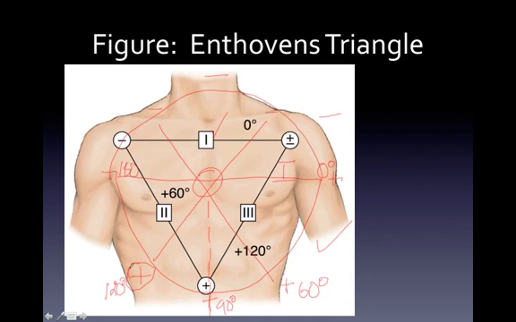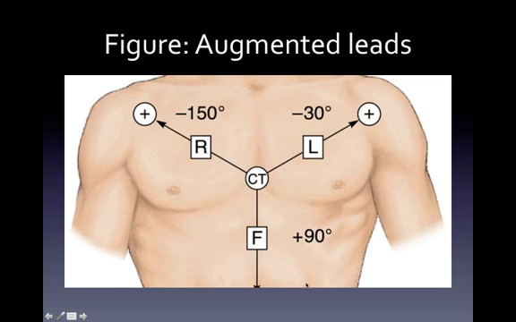Now, from this, we have known points, and those known points can help us triangulate or fix a position, and that's what we're going to be doing a little bit later on in Axis. Okay, the augmented leads. Now, not to confuse, this still goes off of the same rules. Where all 3 lines intersect, the machine places a center terminal.